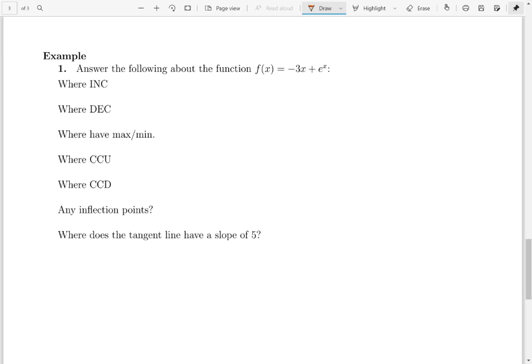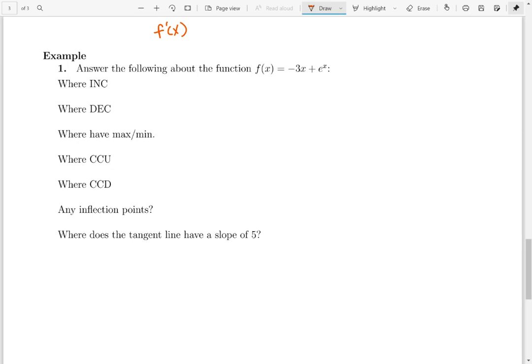So, first off, I need to find f prime, because remember that if I can find f prime of x, then the first derivative is giving me the answer about slope. And if I can find the zeros of slope, those are the places where we have changes in slope. That is, we go from increasing to decreasing, or from decreasing to increasing, or we just have flat spots in general.